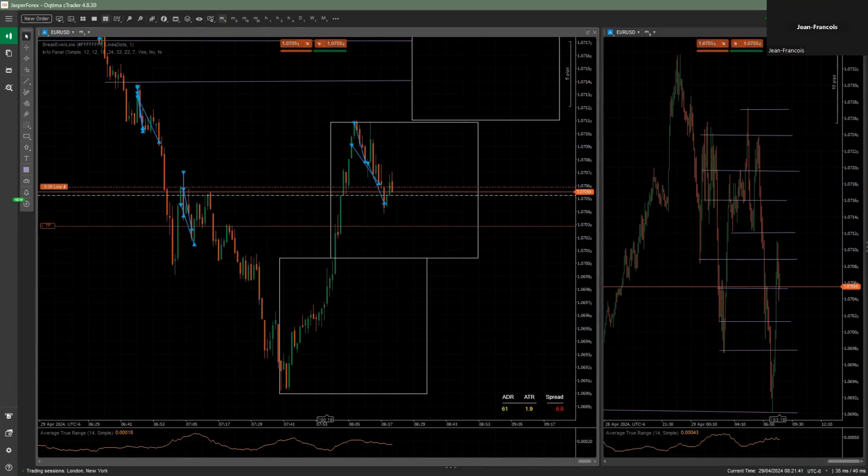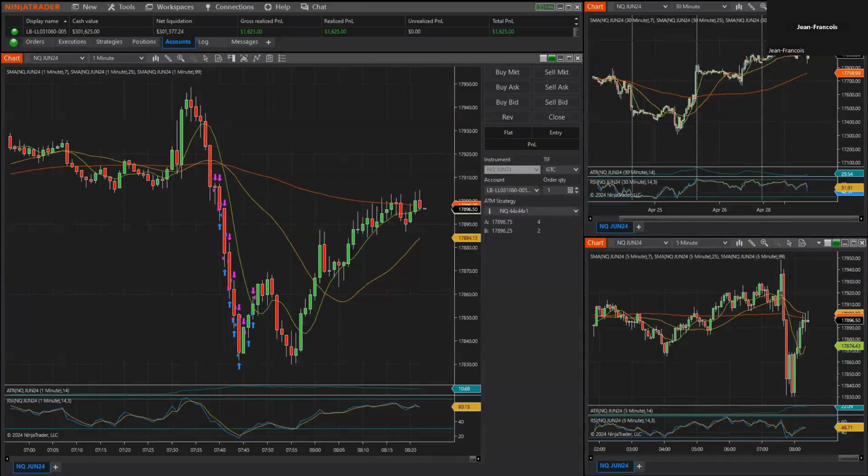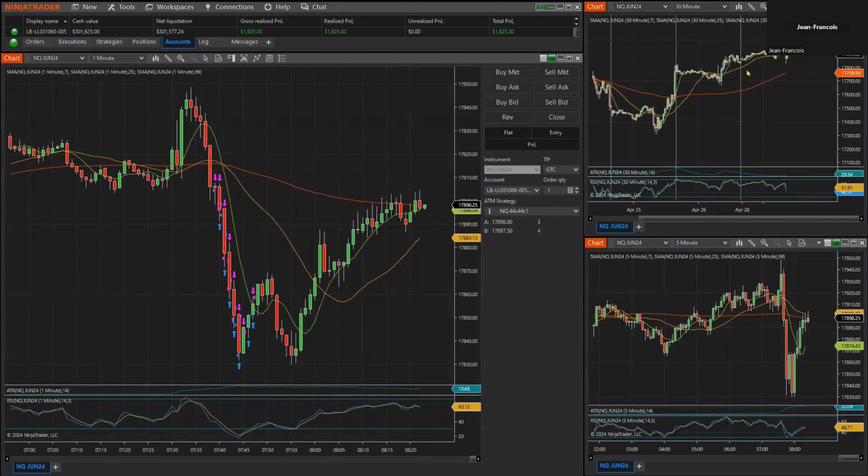I was trading futures before the live session just to get my feet wet. Trading NASDAQ in the pre-open. There was a gap to fill. I'll probably show you while we're waiting for this. There was a gap right there.